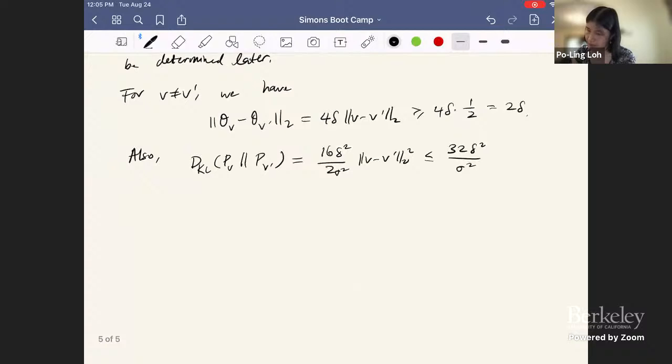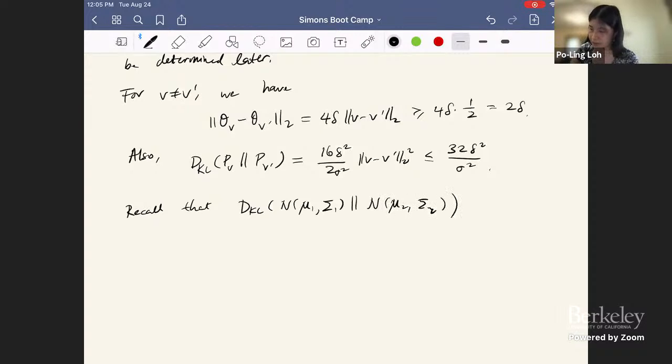Okay, so one thing I wanted to note was that we have this formula for the KL divergence between two normal distributions, mu1 sigma 1 and mu2 sigma 2. So I'm just writing this out to remind you. We'll use this expression for several different KL divergence problems in these tutorials.